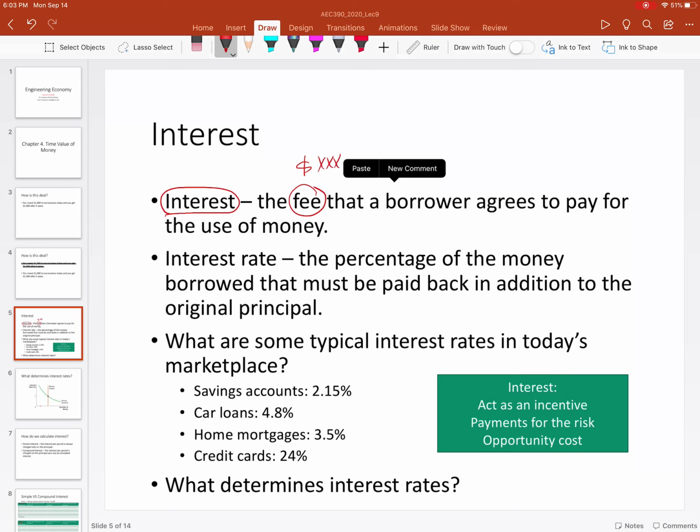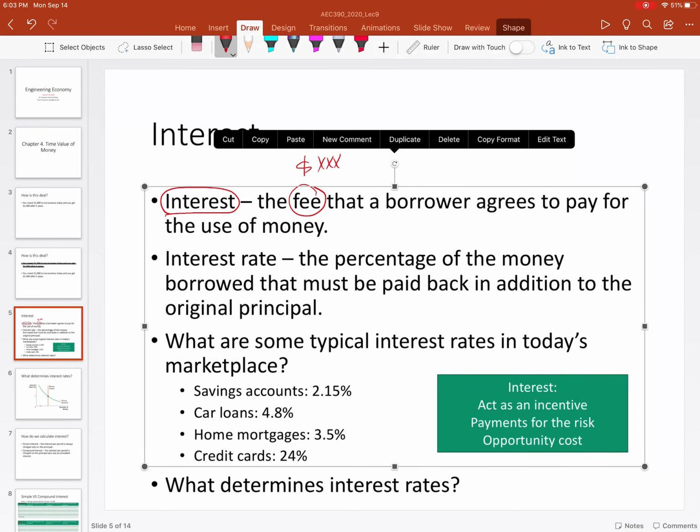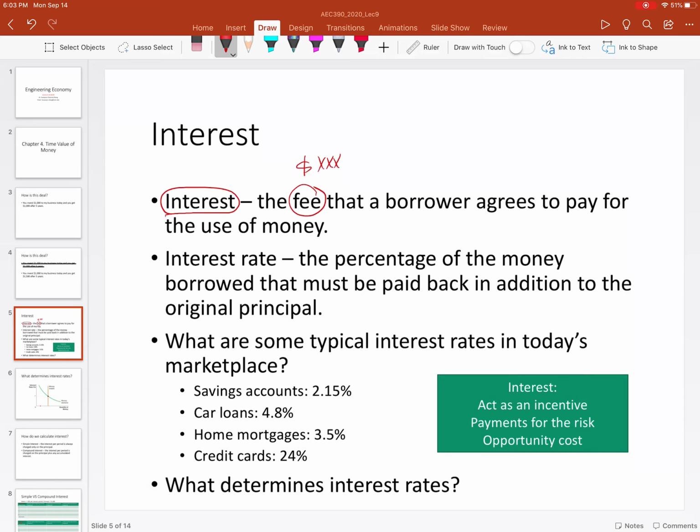That's a number, that's an amount of money. It's the fee that a borrower agrees to pay for the use of money. So interest is the amount of money that you pay back to the person you borrow the money from. Could be a bank, could be a person, could be a company, an investment company, right?